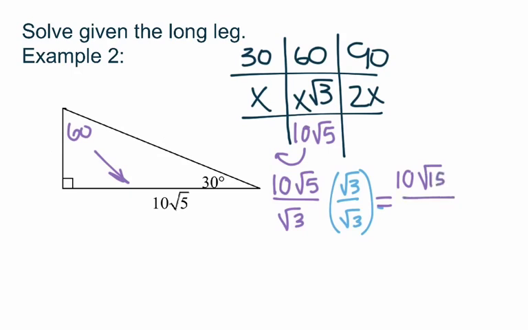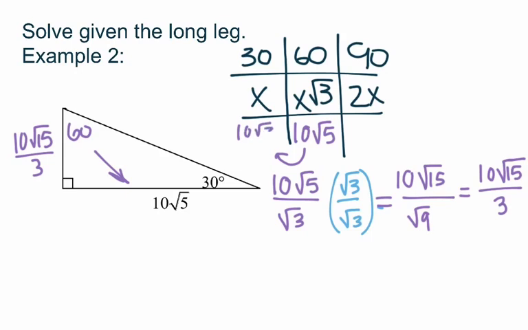On the bottom we have square root of 9. So we have 10 square root of 15 divided by 3. Y'all, that is as far as we can go. So that is going to be our short leg.